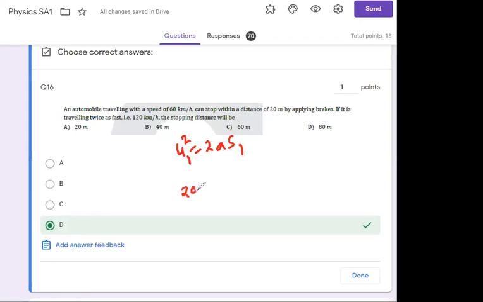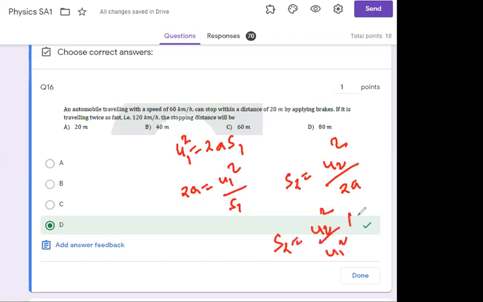So you can just say 2A is equal to U1 square by S1. Now, S2 is given by U2 square by 2A. 2A का value put कर दो यहाँ पे, है ना? So S2 will be given by U2 square by U1 square into S1.